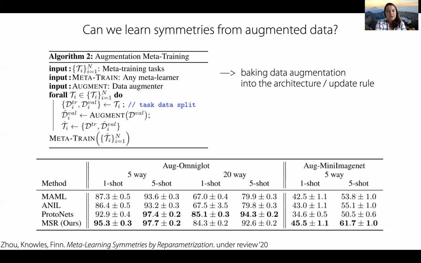What we find is if we first compare MSR to MAML, we're able to do significantly better by decomposing the equivariant structure and the weights and adapting only the weights in the inner loop. We're also able to do better than almost no inner loop, which essentially only adapts the last layer of the network.